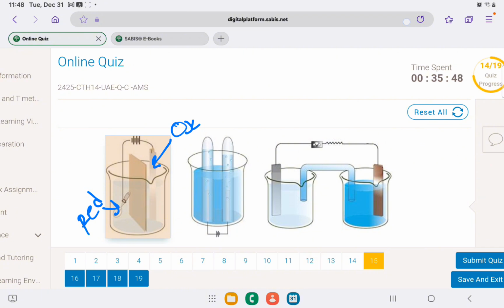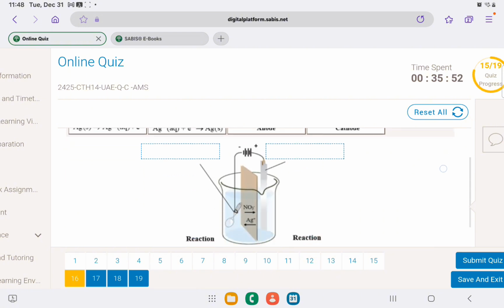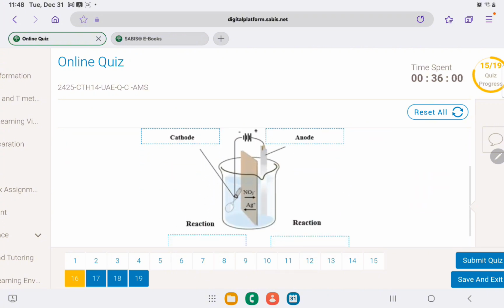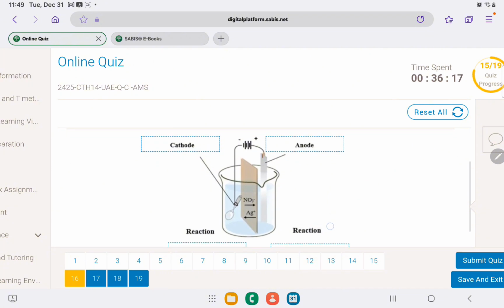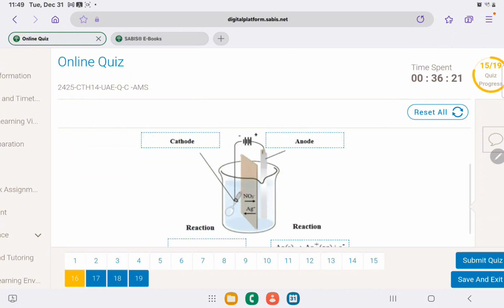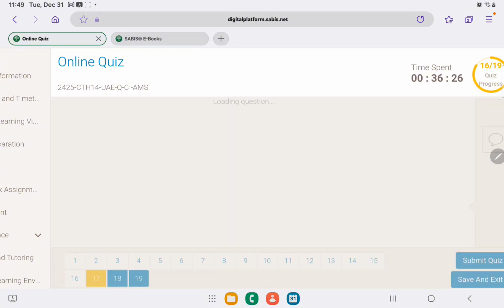Okay, so next question. Plus is the anode, minus is the cathode, and with the metal we're going to have oxidation, so the electrons are going to be in the products, and the opposite in the cathode.